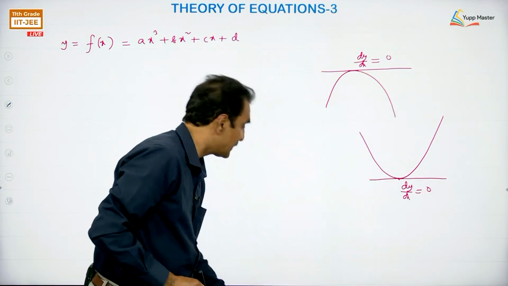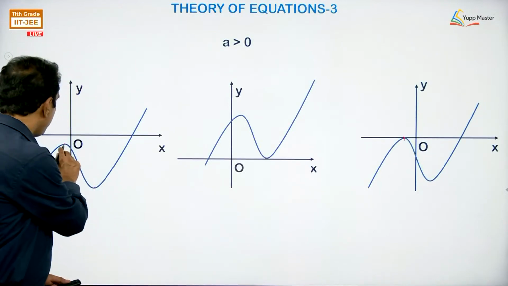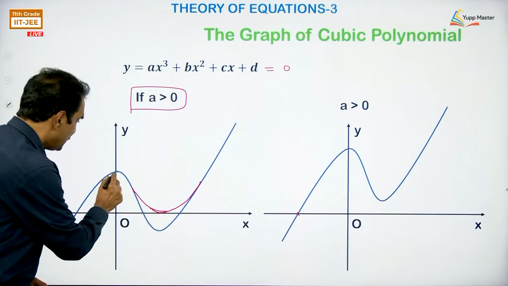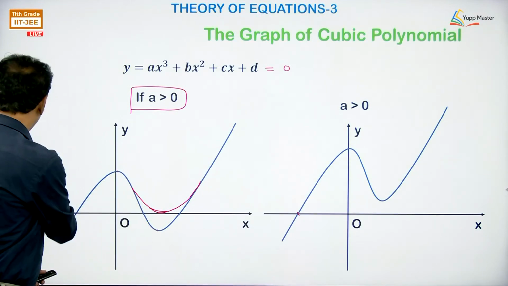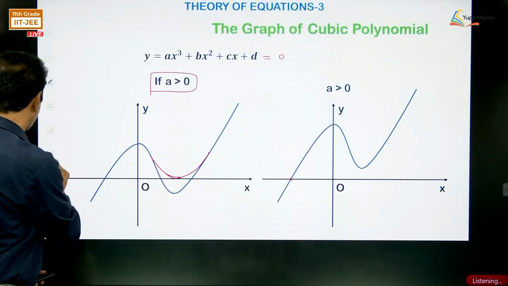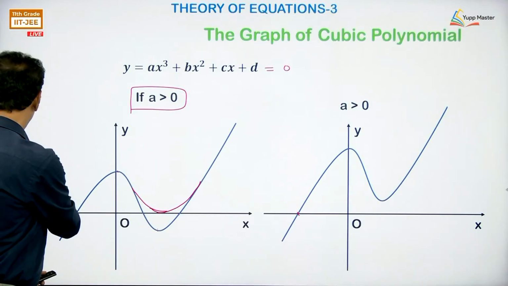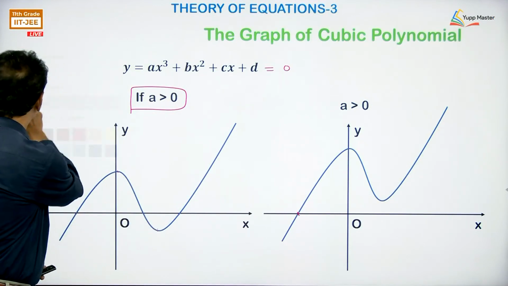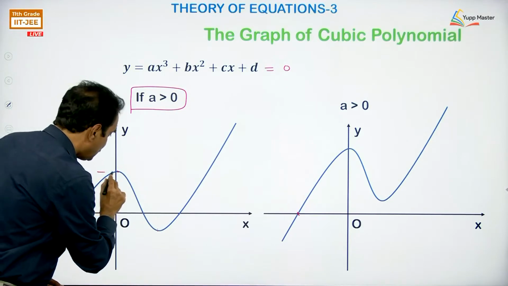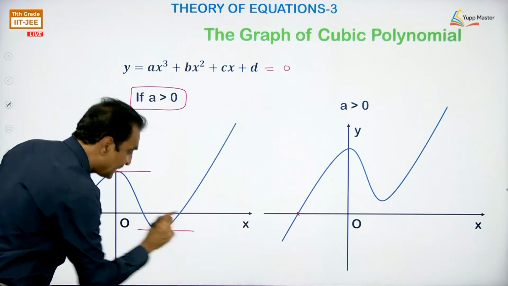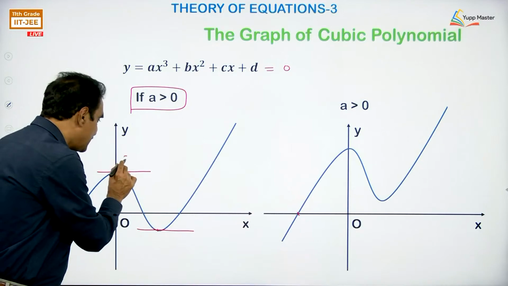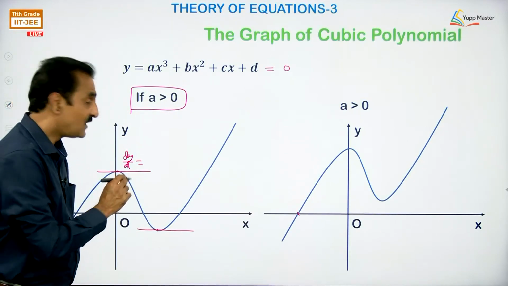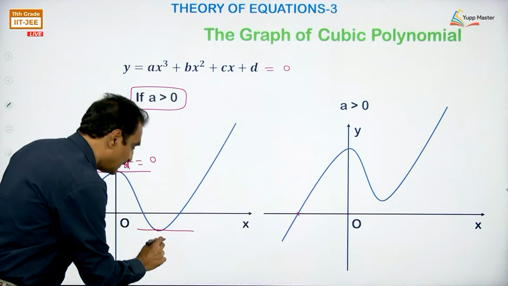So in our graphs, when the function attains maximum value or minimum value, at this point and this point, tangents will be parallel to the x-axis. So dy by dx or f dash x, the derivative is denoted by dy by dx or f dash x, will be 0 at these 2 points.